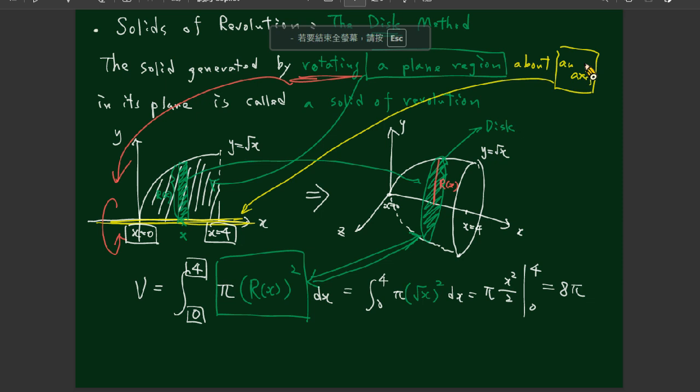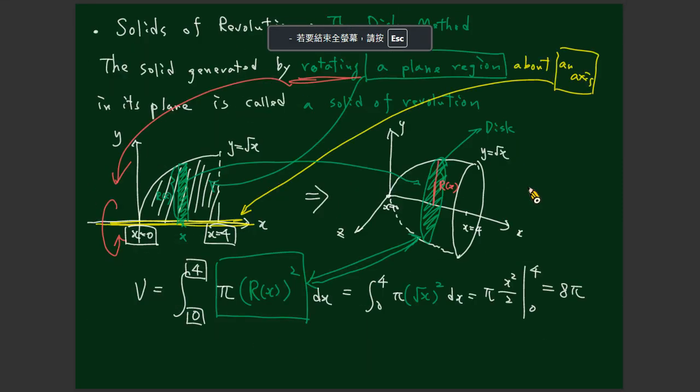This case, just this Monday. Here you can see y is equal to square root of x, right? This is the rotation axis. This is the start point, this is the end point. We use this shape to rotate this plane region about the x-axis of revolution.